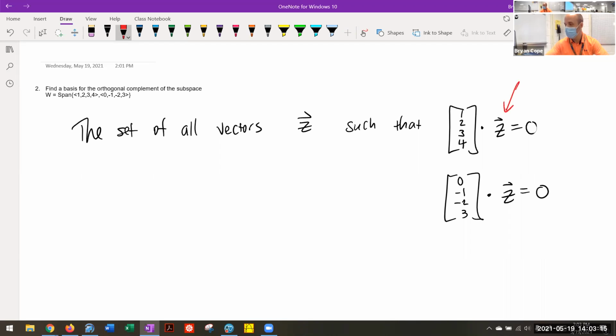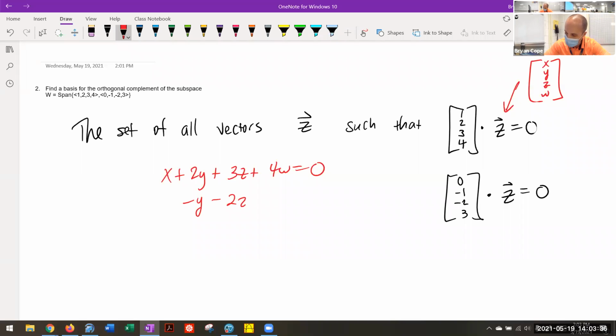How many components will z have? Let's start with that. Does it have 1, 2, 3, or 4? 4. Good. So let's call z x, y, z, and w. Yeah, we're going to make a system. X plus 2y plus 3z plus 4w equals 0. And then -y minus 2z plus 3w equals 0.